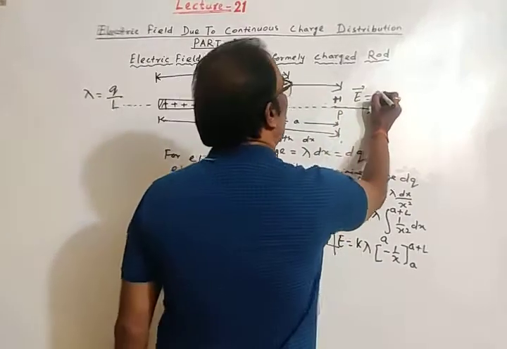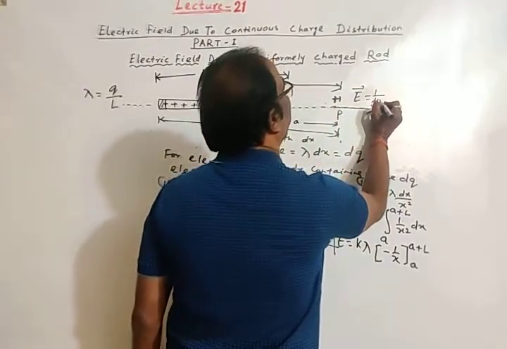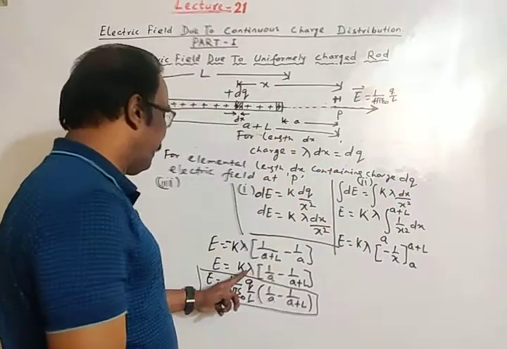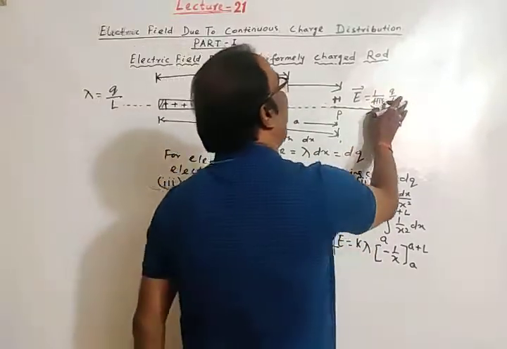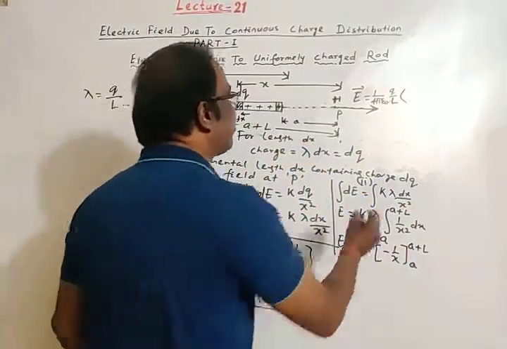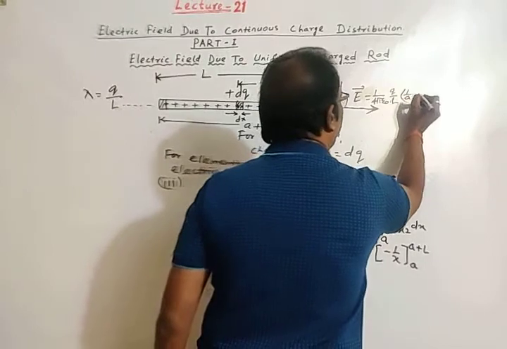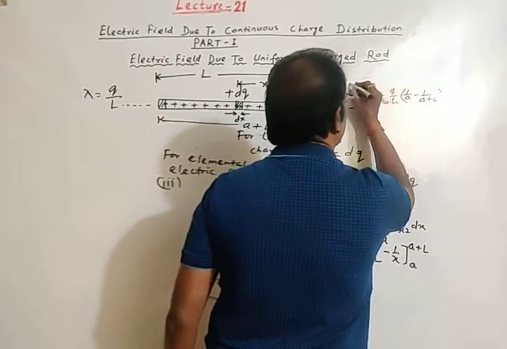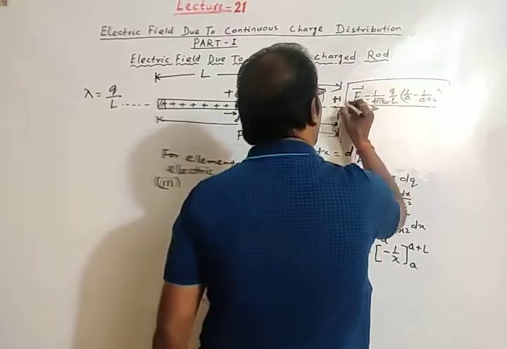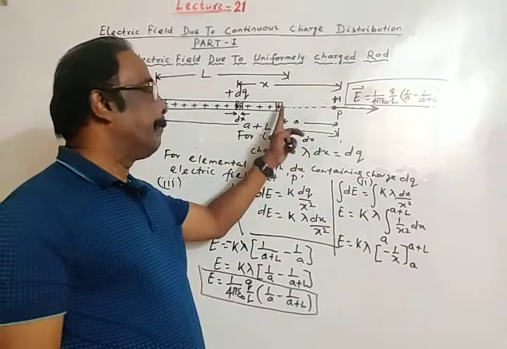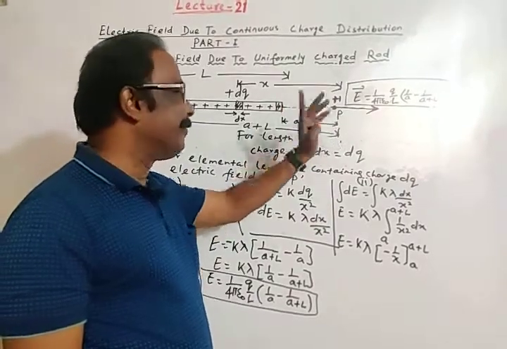Final answer: 1 divided by 4 pi epsilon naught, in place of lambda we are writing Q by L, and inside the bracket 1 by a minus 1 by a plus L. This is our final answer at any point P, meaning at any distance a from one end of the rod.